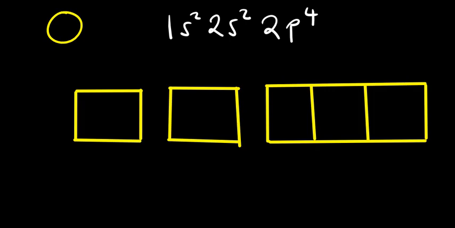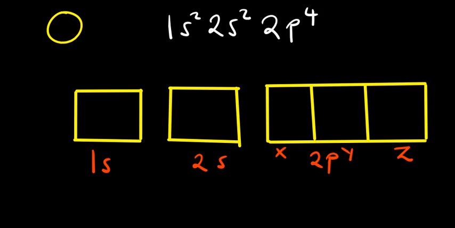But now how are you going to fill these electrons? Let's say this is the 1s, this is the 2s, this is the 2p. Let's say this is x, this is y, this is z. Now how are we going to fill these?